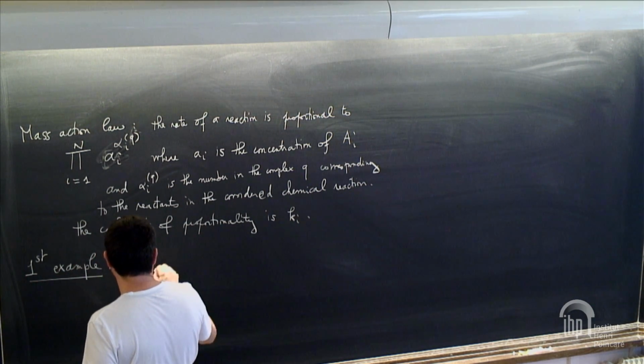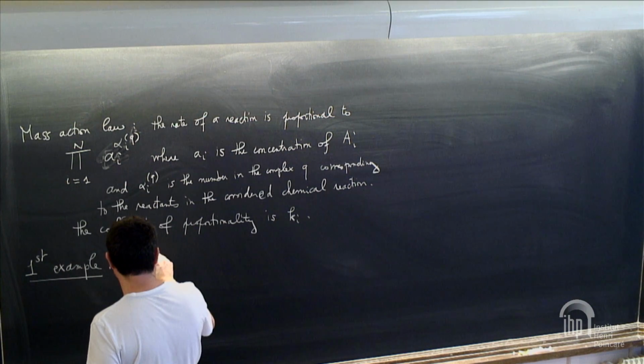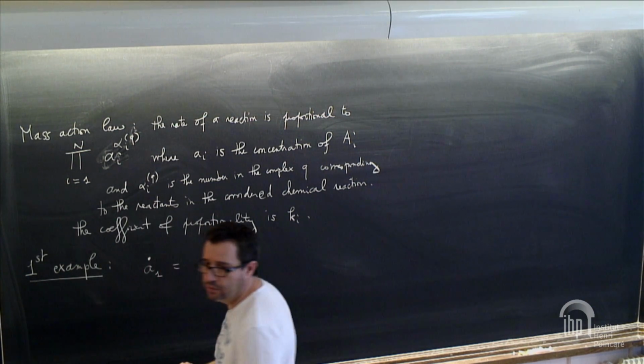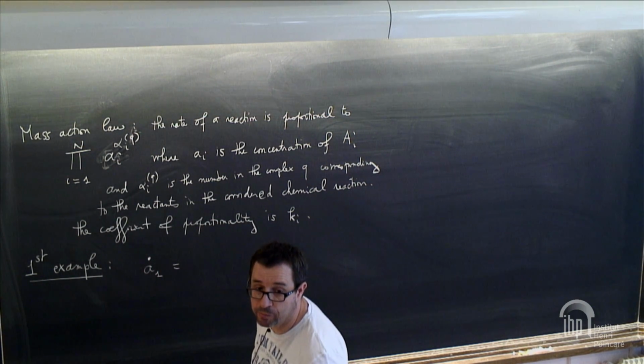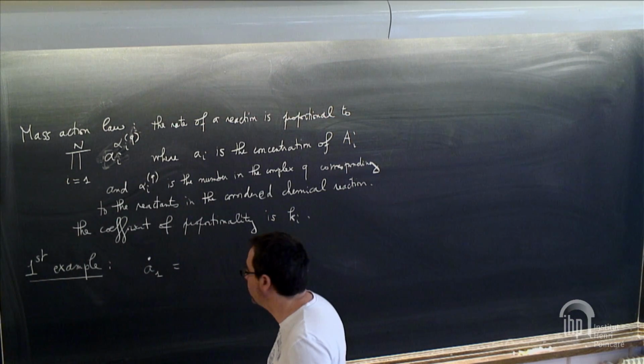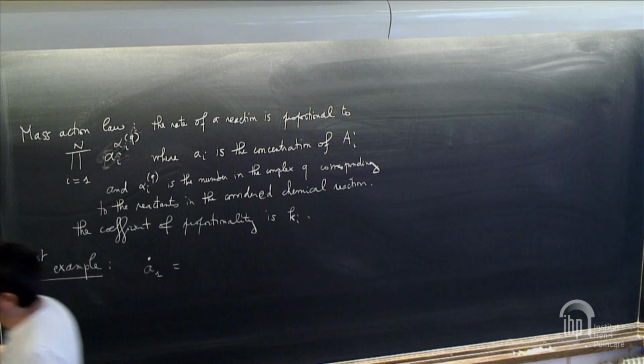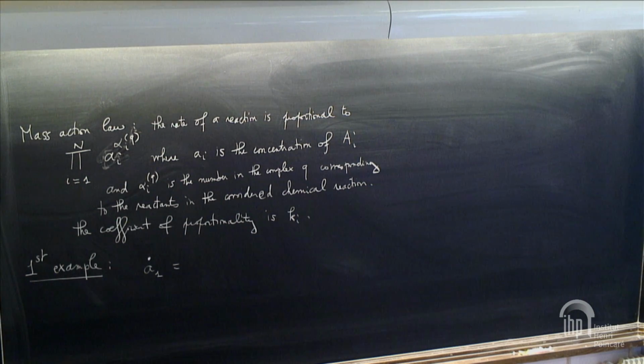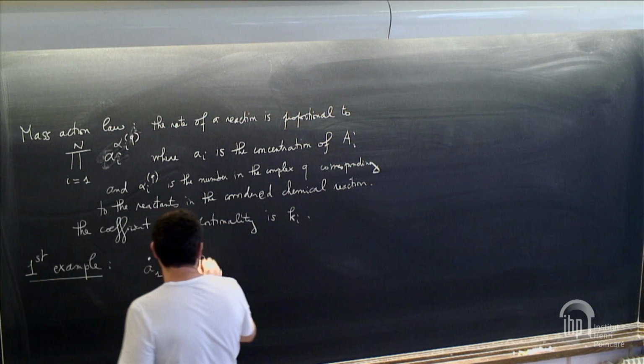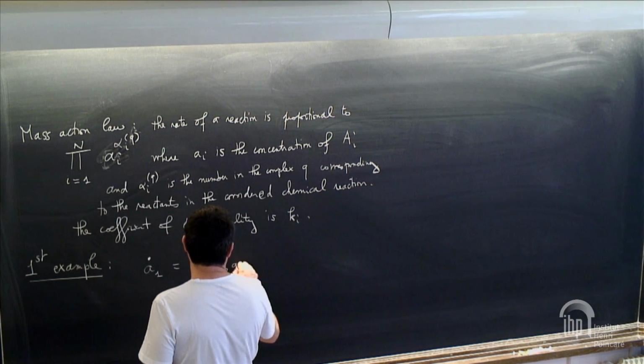So we call A1 dot the derivative with respect to time of the concentration A1. And as you can see, you can produce A1 out of A2 and A4 with a rate K2. So you will have K2, A2, A4.